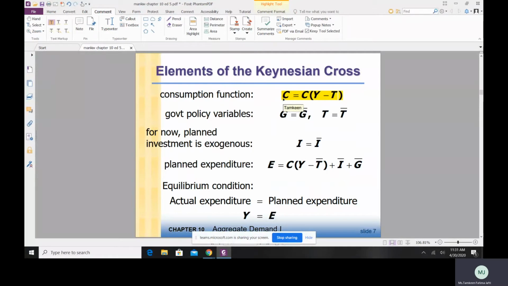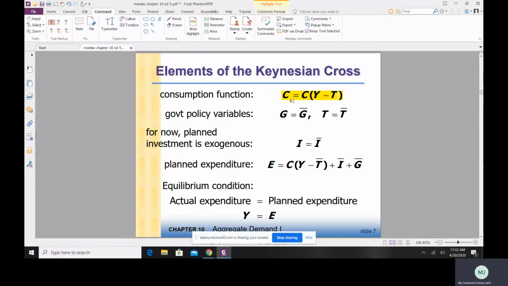The reason is because of MPC, which is the marginal propensity to consume, which tells me the increase in consumption brought about by unit increase in disposable income. We know that if disposable income increases by $1, consumption will increase, but most probably it's going to increase by less than $1 because people tend to save as well.